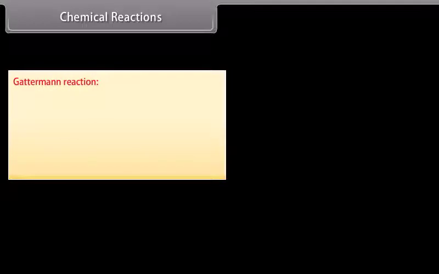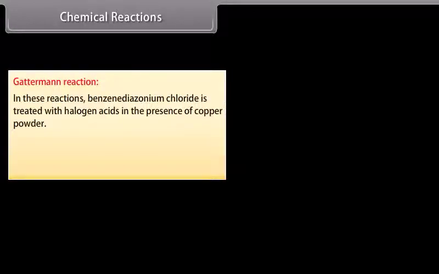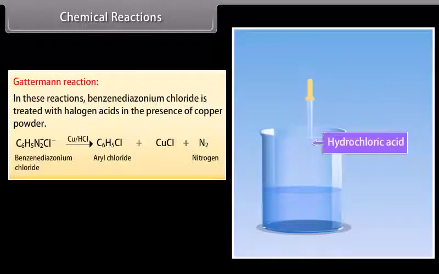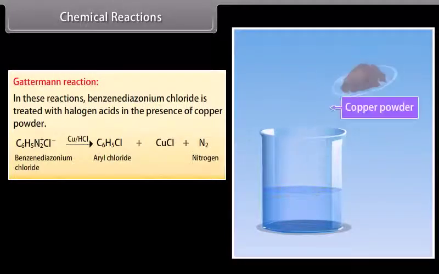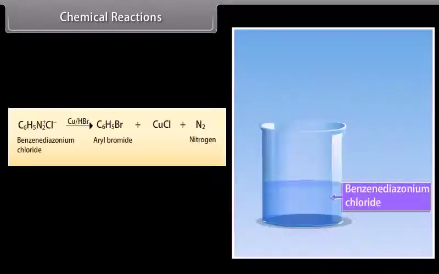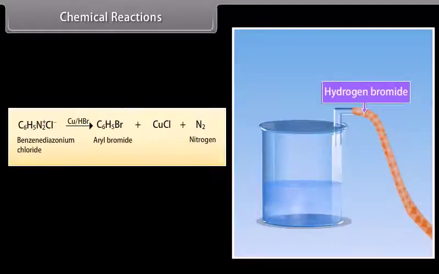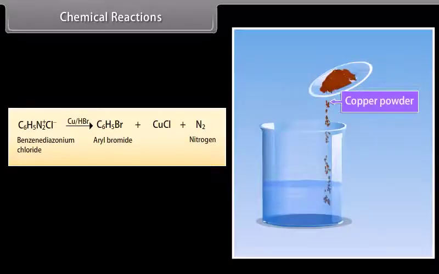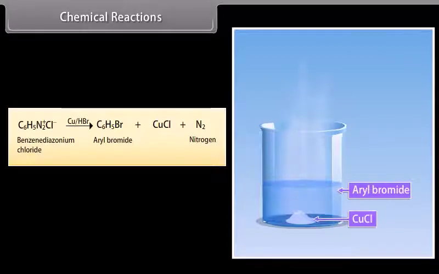Gattermann reaction. In these reactions, benzene diazonium chloride is treated with halogen acids in the presence of copper powder. Benzene diazonium chloride reacts with hydrochloric acid and copper powder, yielding aryl chloride, cuprous chloride and liberating nitrogen gas. With hydrogen bromide and copper powder, it yields aryl bromide, cuprous chloride and nitrogen gas.